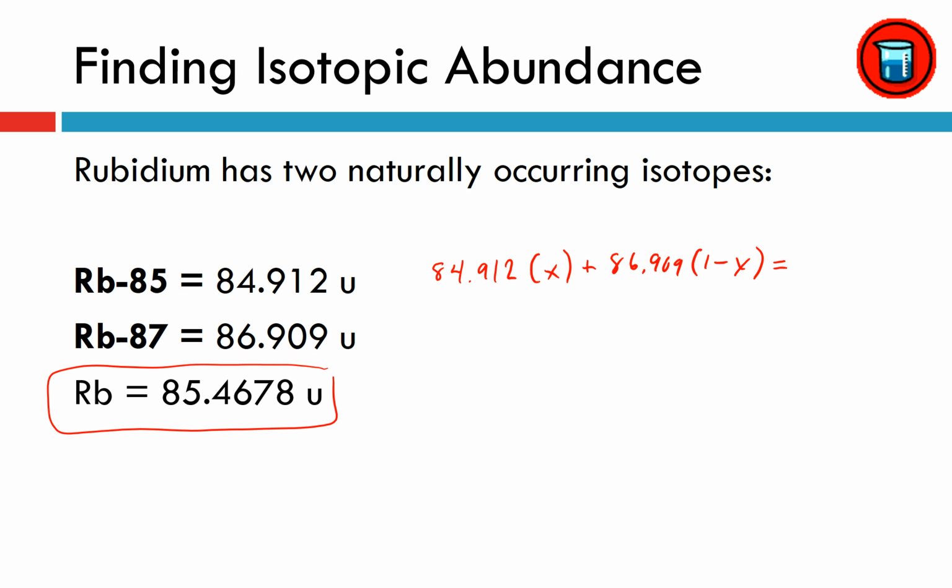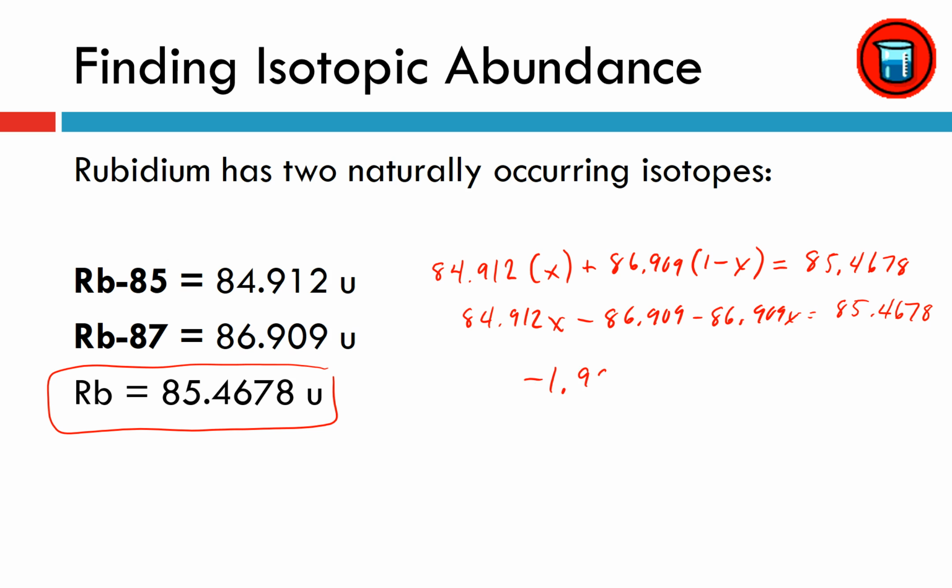And I know the average atomic mass of rubidium is 85.4678. I can go through and do the math. I end up with 84.912x minus 86.909x is equal to still 85.4678. I can go ahead and simplify down further, so I'll kind of cut to the chase.